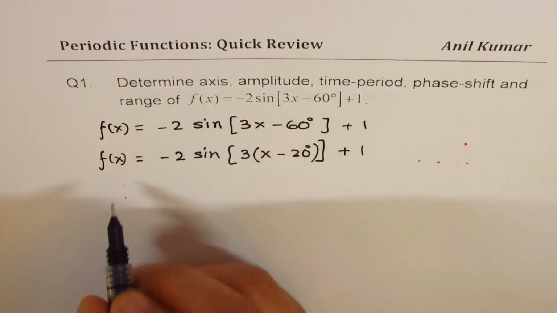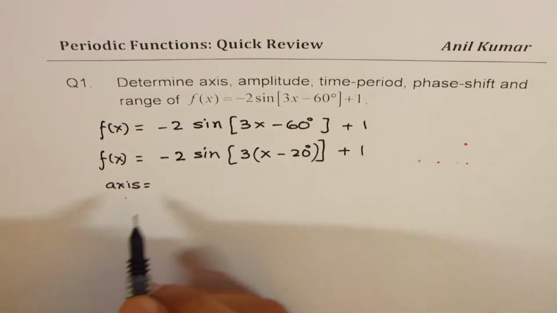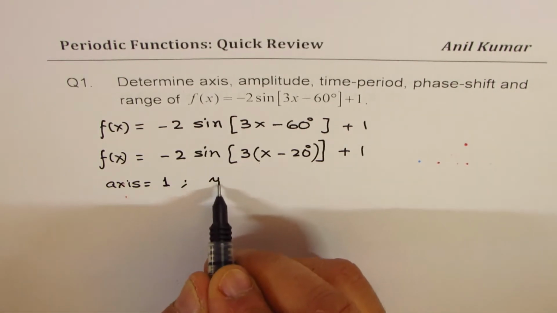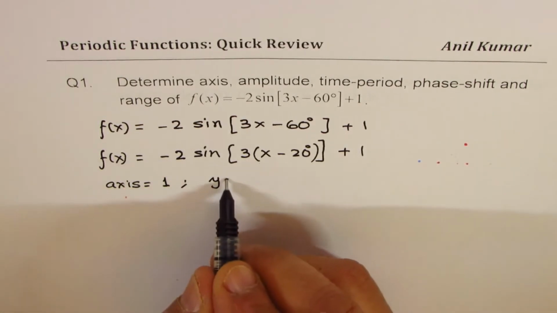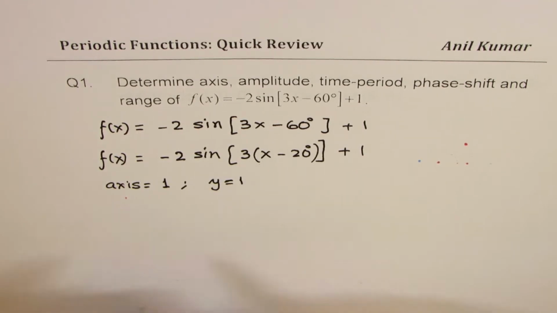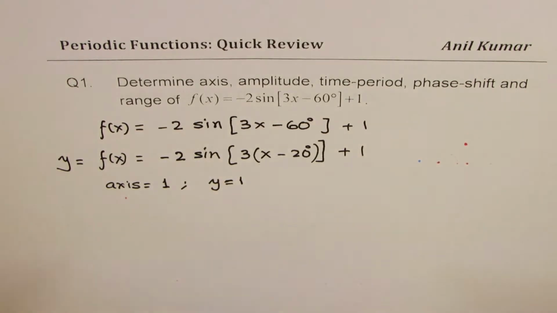We need to find axis, so let's write down. Axis is 1. So you can write 1 here, or what 1? It is actually f of x equals 1, right? That is axis. Sometimes we write y equals 1, since normally we say y is f of x, okay?